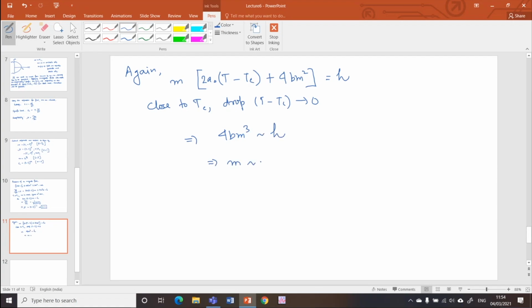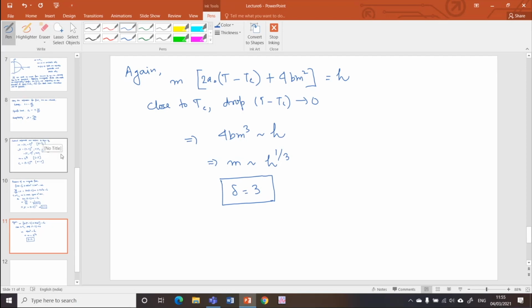Or m will go as h to the power 1 by 3, which means that my delta will be 3. Earlier I got beta equal to half, now I have got gamma and delta. So we can also get the critical exponents from this expression. And the good thing is that these values match exactly with the values predicted from the Weiss theory.